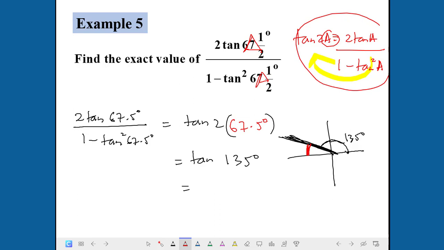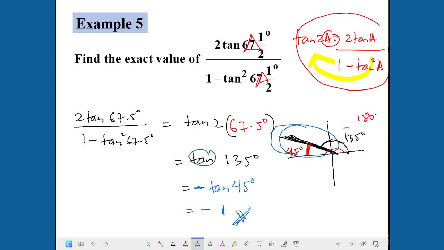The basic angle is 180 minus 135 equals 45. So this is tangent 45 degrees. Because the line lies in the second quadrant, tangent is negative. Tangent 45 is equal to 1, so the answer is negative 1.